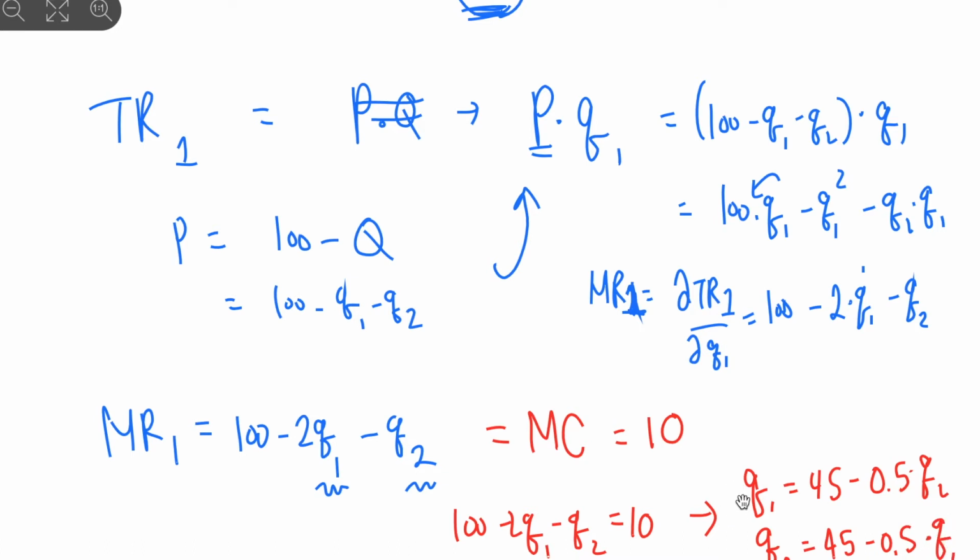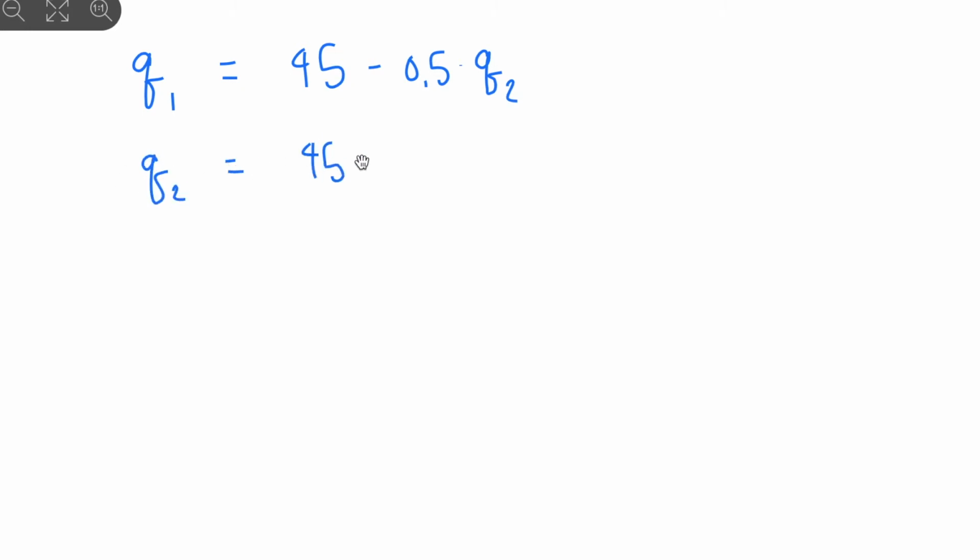So we have Q1 and Q2 in the equation of each other. What can we do? We can plug one into the other and solve the equilibrium. So let's clean it up and write it down. What we had was Q1 equals 45 minus 0.5 times Q2, and Q2 equals 45 minus 0.5 times Q1.